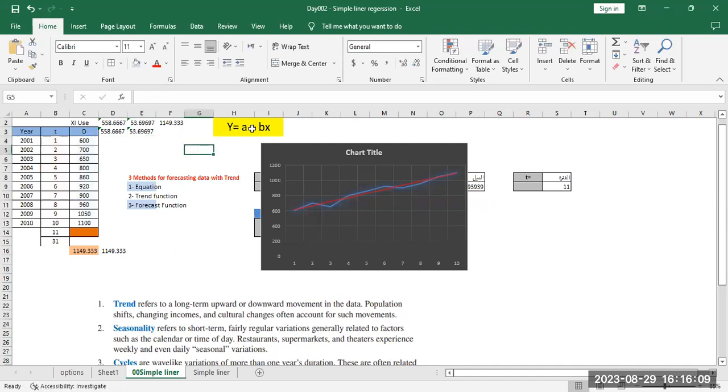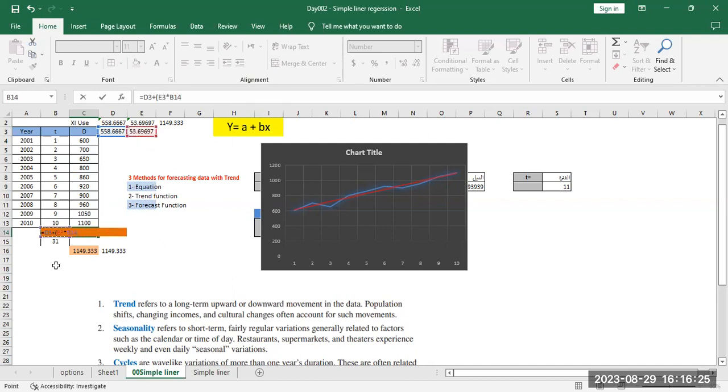Let's go and apply this function. It's equal to a, the intercept, plus b, the slope, times x, which is period number 11. Enter, and then you get the forecast for period number 11.